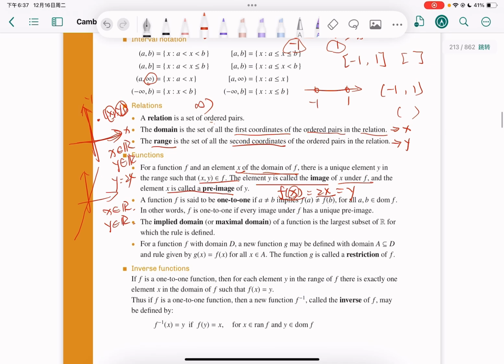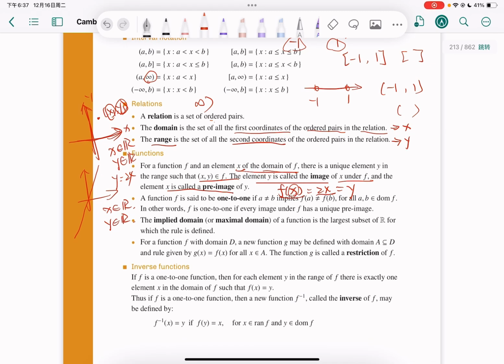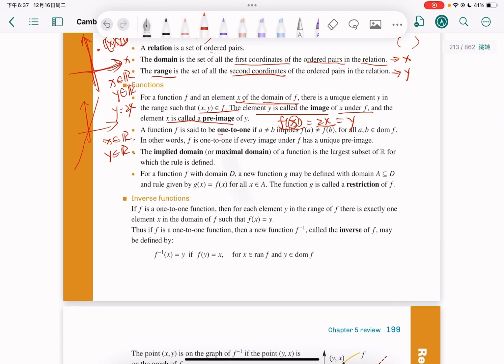Okay, a function f is said to be 1 to 1 if a is not equal to b implies f(a) is not equal to f(b). So 1 to 1 basically is saying that one x corresponds to one y value.